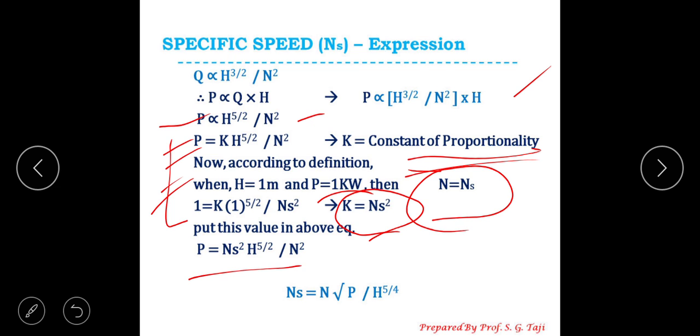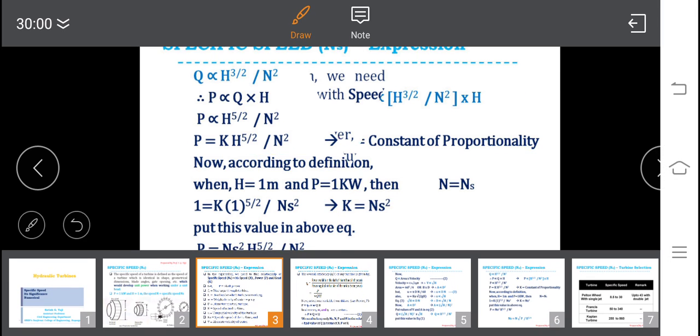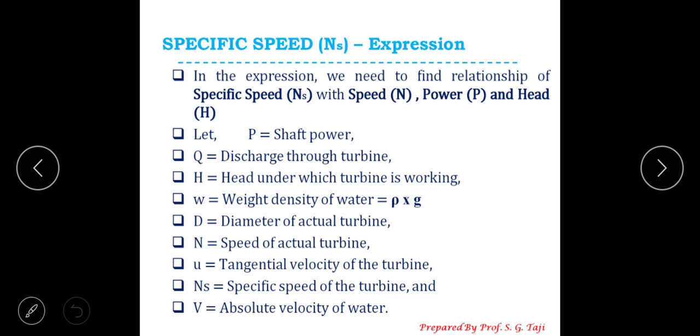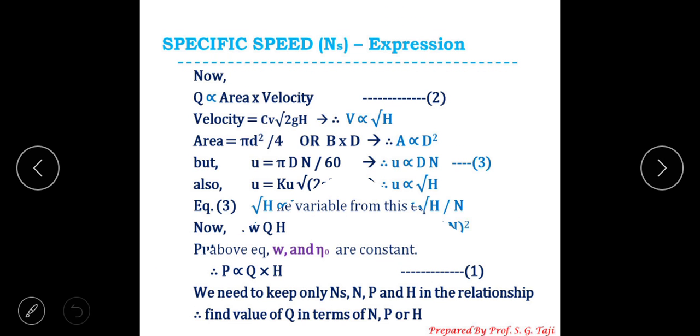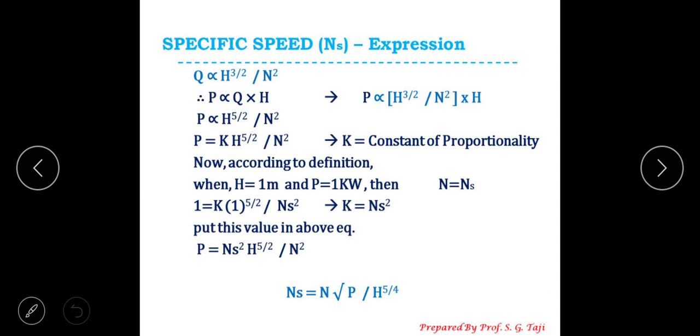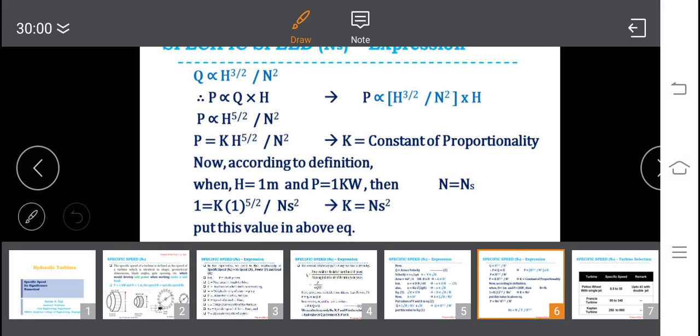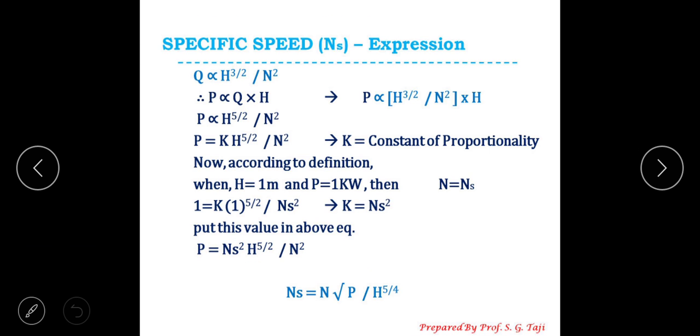We get P is equal to ns squared h to the power of 5 by 2 divided by n squared. Therefore, ns is equal to n root P divided by h to the power of 5 by 4.